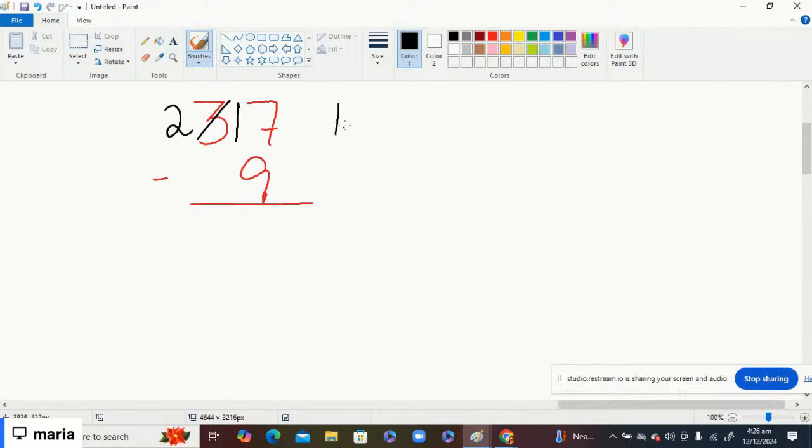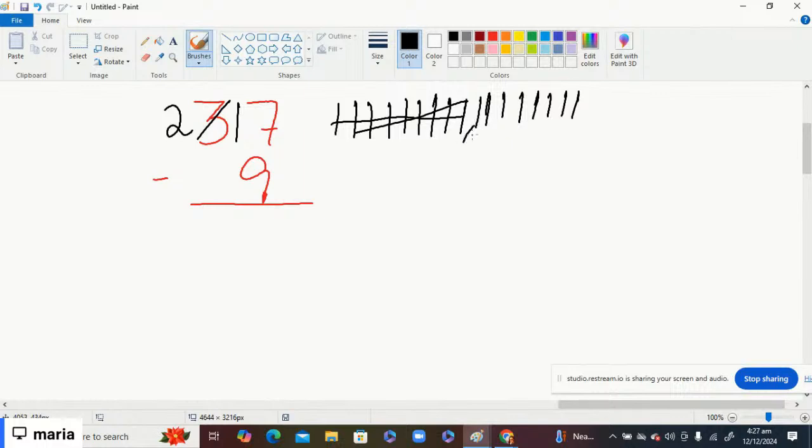Draw 17 lines: 1, 2, 3, 4, 5, 6, 7, 8, 9, 10, 11, 12, 13, 14, 15, 16, and 17. Now remove 9 lines: 1, 2, 3, 4, 5, 6, 7, 8, and 9. These 9 lines are subtracted.